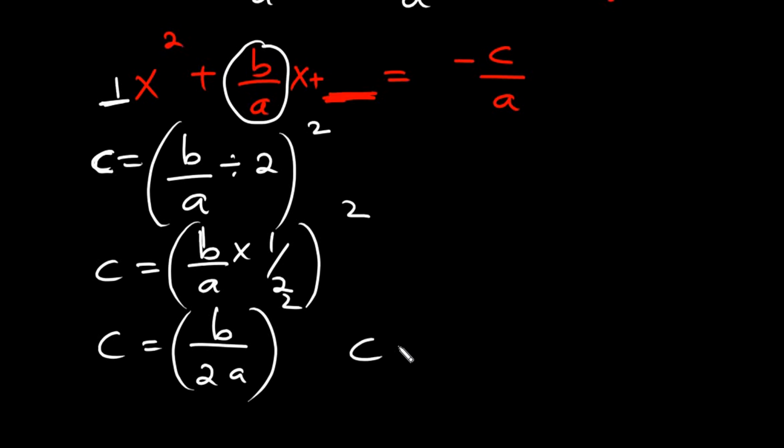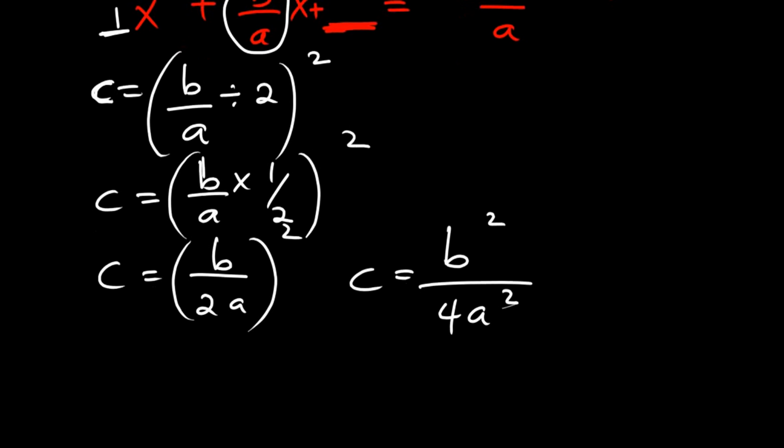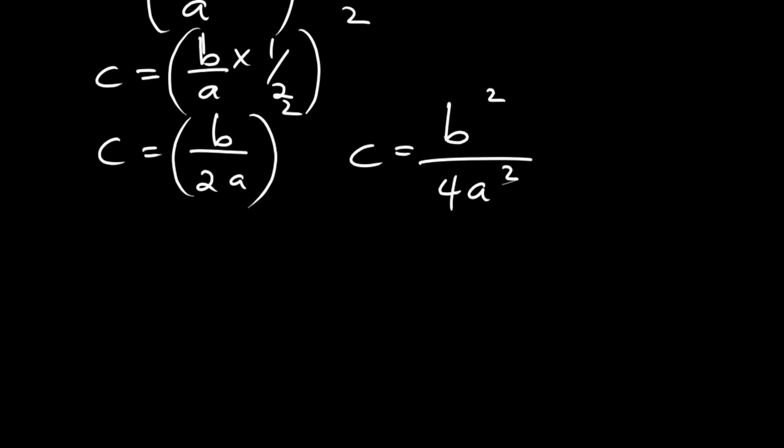So that means c is b squared all over 4a squared. So we can write our equation now and include c.